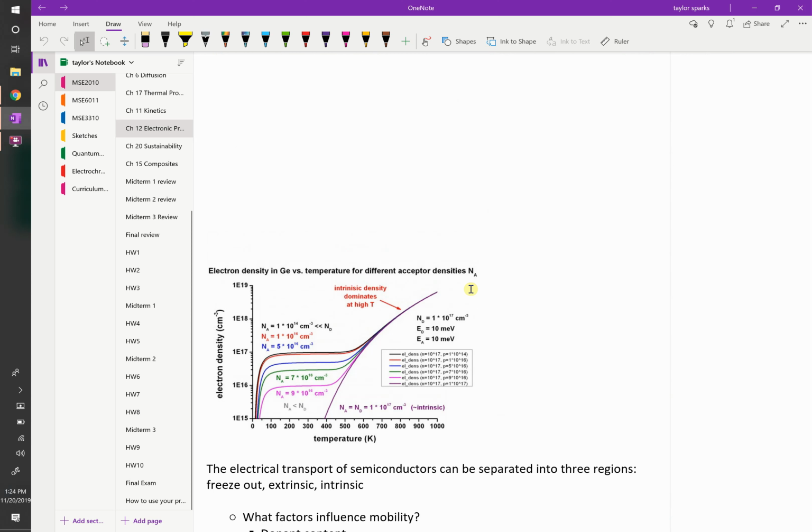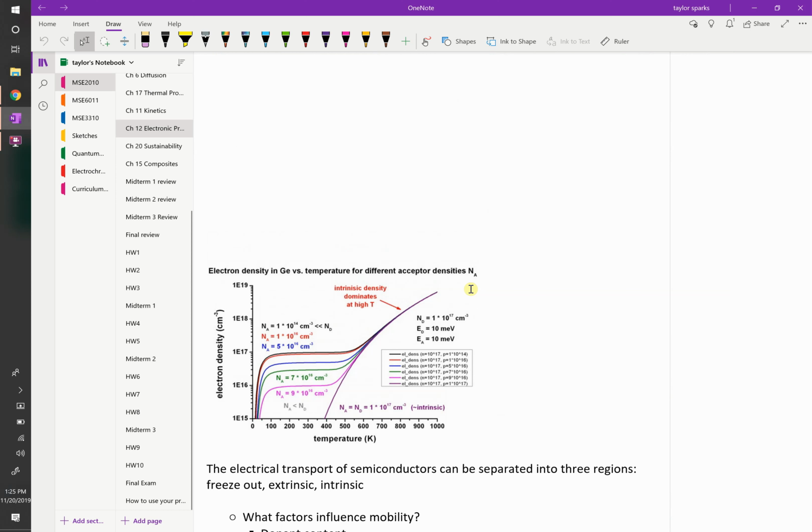Okay? So here they're showing you that the number of acceptors is less than the number of donors, but as you increase the number of acceptors, it's approaching more and more extrinsic scenario. In other words, as the number of carriers become equal, it's collapsing towards the intrinsic scenario. But as you give it more and more of one type of dopant, it's becoming more and more extrinsic. In either case, this region looks flat, right?